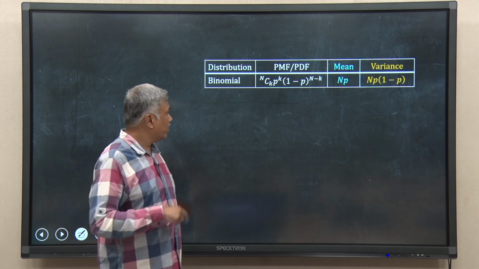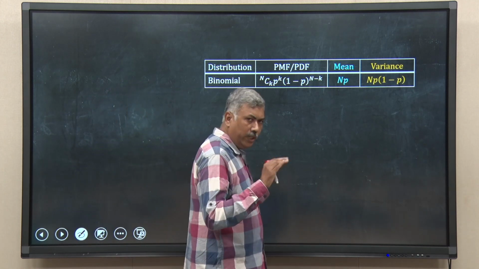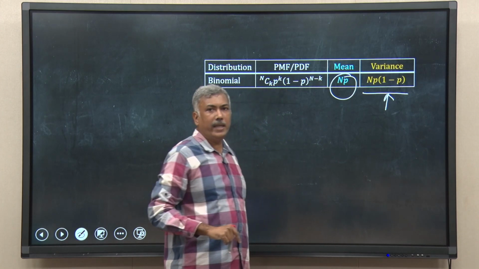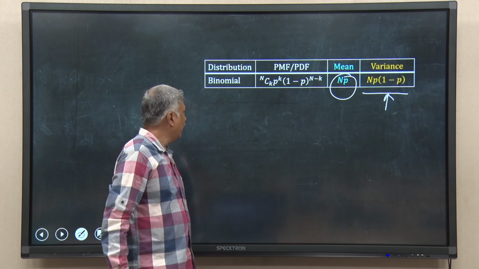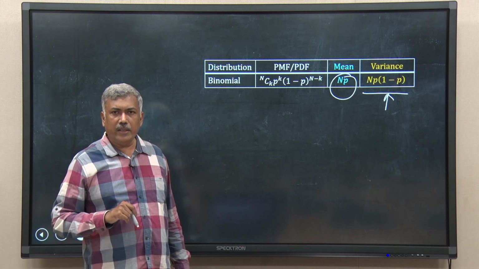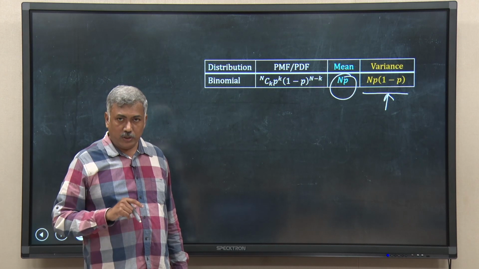The mean you can prove, but you do not need to prove it for this course, is n into p, and the variance is n into p into 1 minus p. Another important discrete random variable that we have discussed is the Poisson distribution.